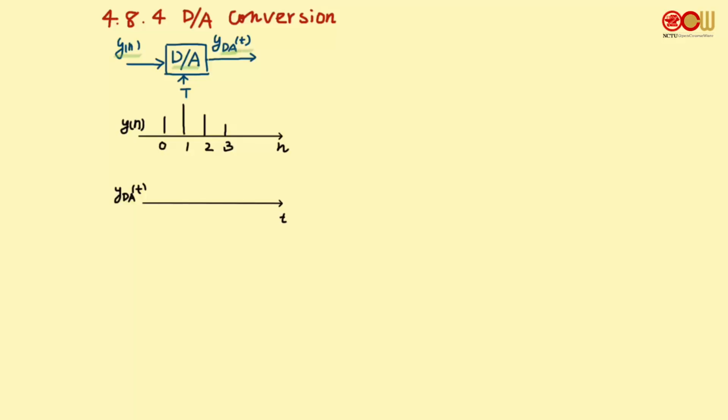This is a D2A converter, digital to analog converter, D2A. And we put DA as a subscript to indicate that it's the output of a D2A converter. So what does a D2A converter do?